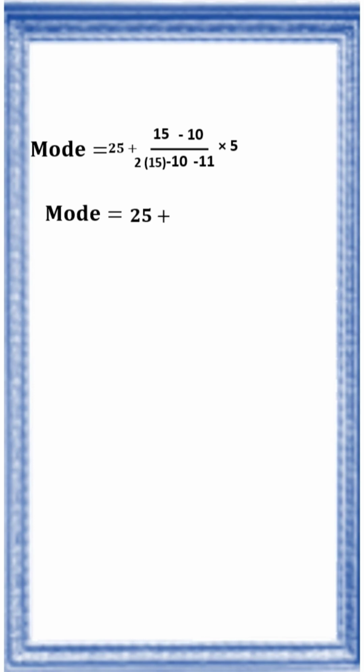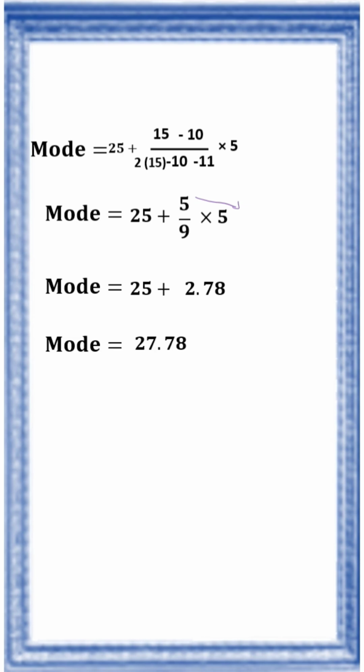Mode is equal to 25 plus (15 minus 10) upon (2 into 15, 30, 30 minus 10, 20, 20 minus 11, that is 9) into 5. So mode is equal to 25 plus 5 fives are 25 by 9, that is equal to 2.78. 25 plus 2.78 is equal to 27.78. So mode is equal to 27.78.